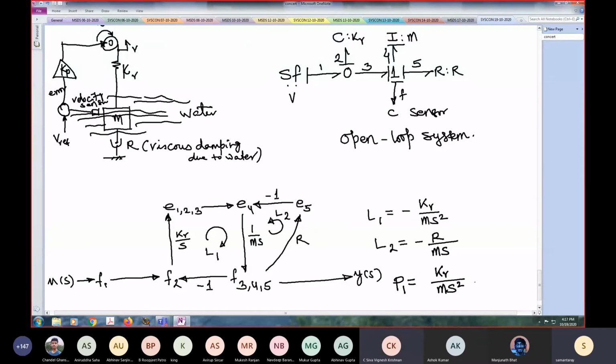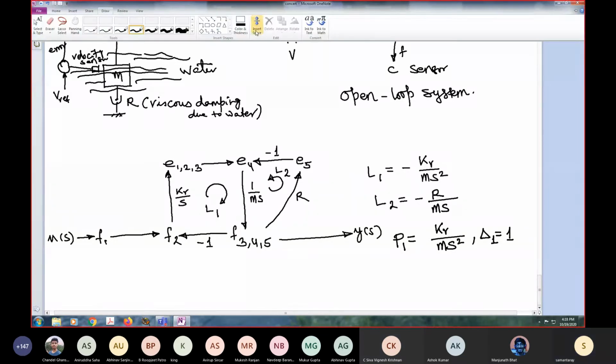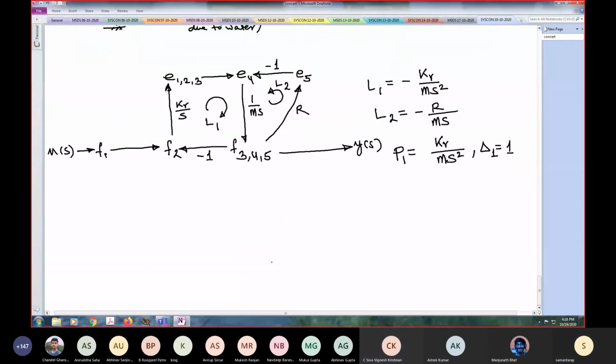And if you remove this forward path, nothing will be left. So if nothing is left, delta 1 is 1. So we have our transfer function. So our G(s), this is the open loop transfer function. All right, so P1 delta 1 by delta.